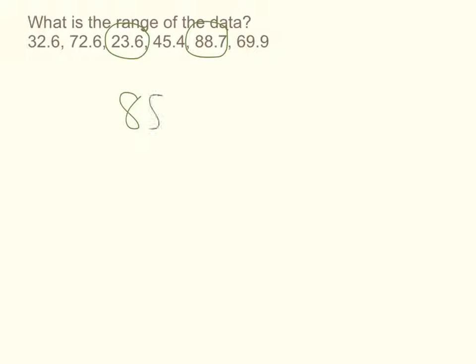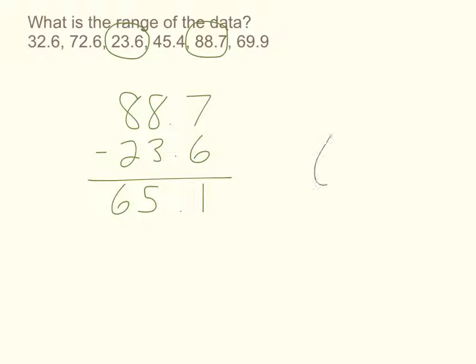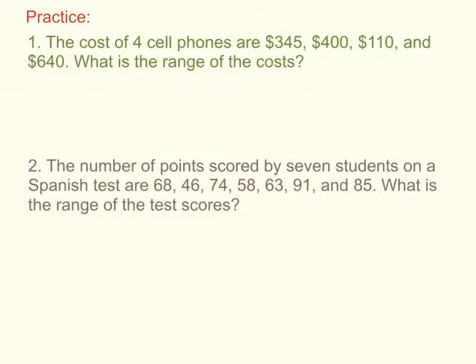So 88.7 minus 23.6 is equal to 65.1. So the range of this set of data is 65.1. So again, practice these on your own by pausing the video, and then after you're done, press play and we can go over it together.